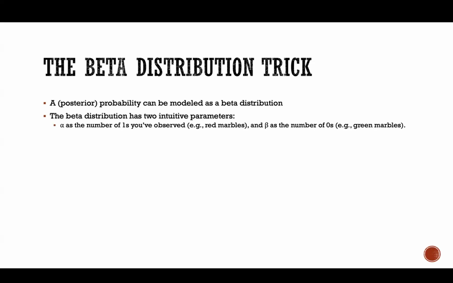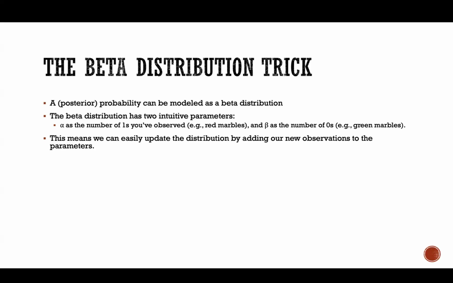So alpha is the number of ones that you've observed, let's say the red marbles, and beta is the number of zeros. And this information preserves both if there is a skew, more red than green, but also how reliable the sample is.